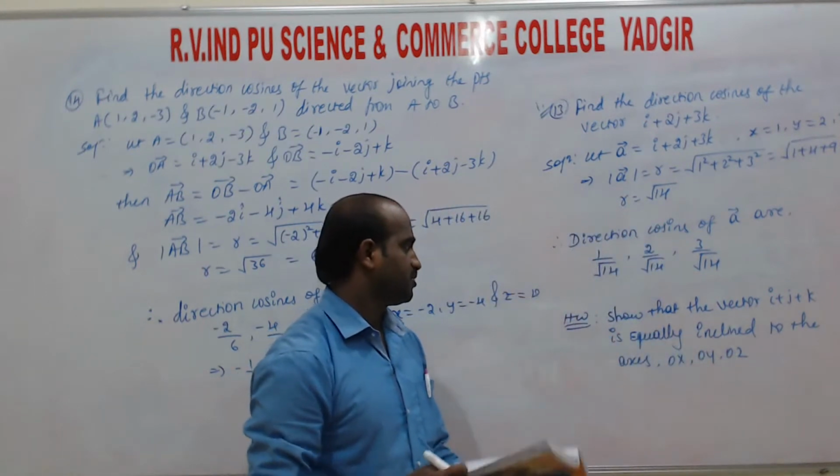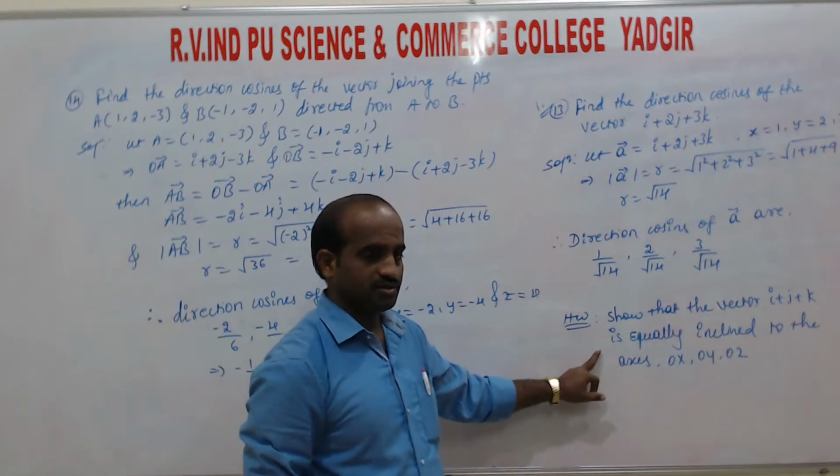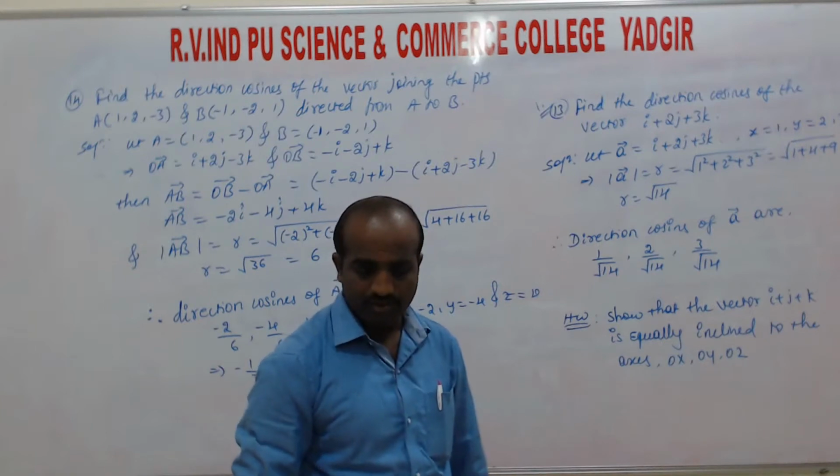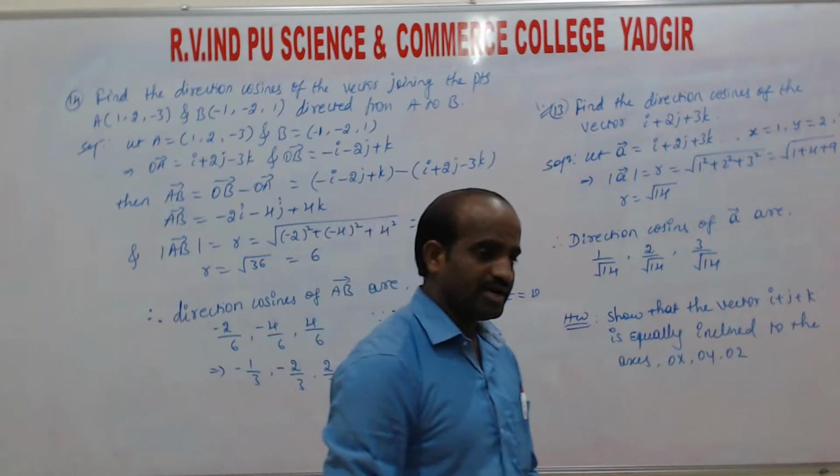This one is important for 2 marks. Show that the vector i plus j plus k is equally inclined to the x, y, and z axes.